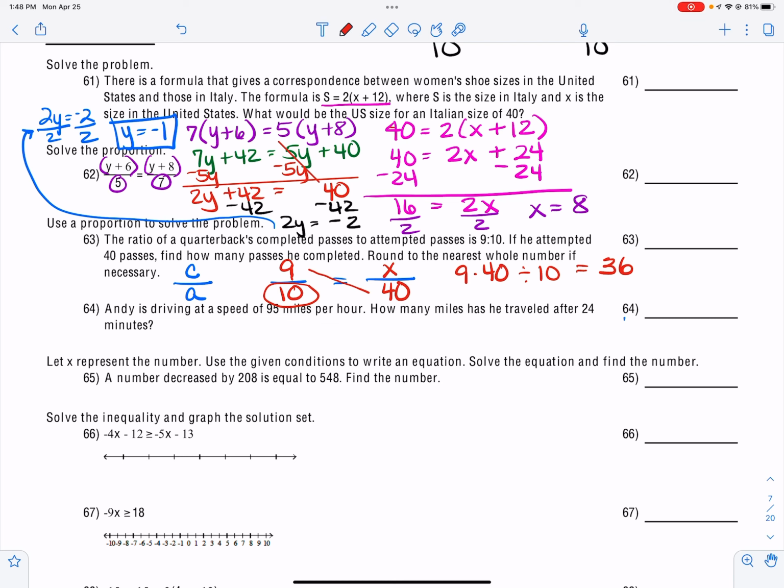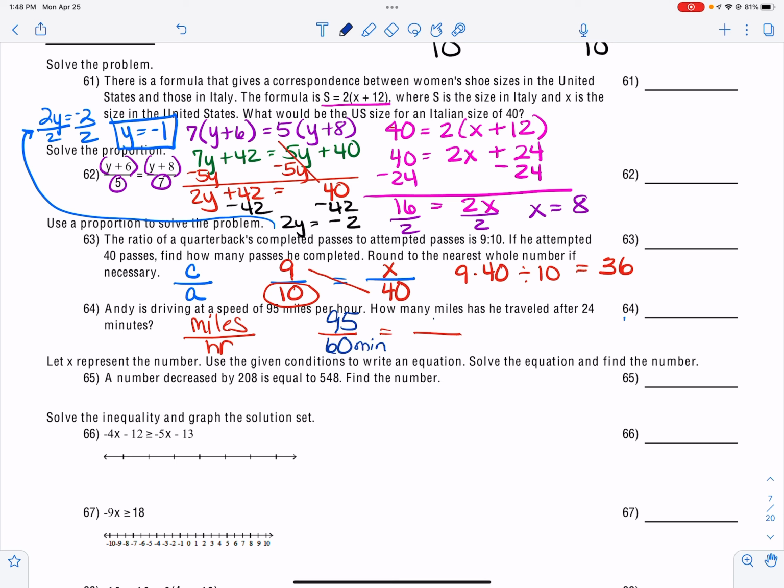Now, this next one is a little bit tricky because it's given to us in miles per hour. Okay, that's what we're comparing, but we want to know how far he travels in 24 minutes. So the first ratio that we're going to write is going to be 95 miles in 1 hour or 60 minutes.